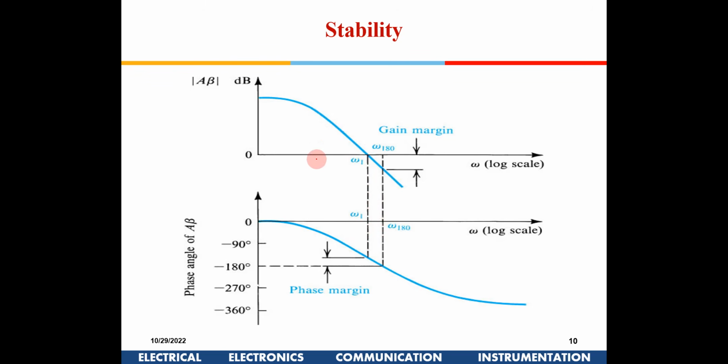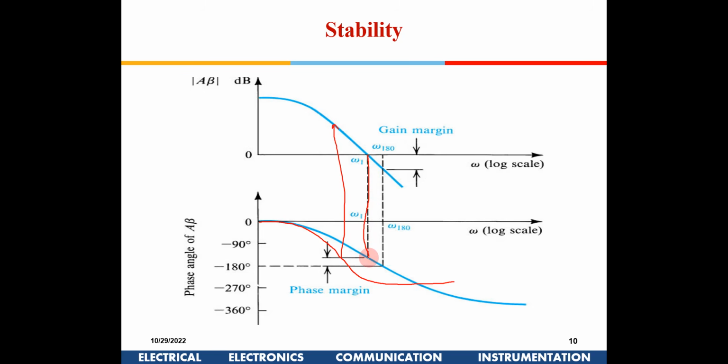See, I said this phase can come here and it becomes 180 out here, and it is going like this, right? Now at 180 degrees here, the gain margin is this.